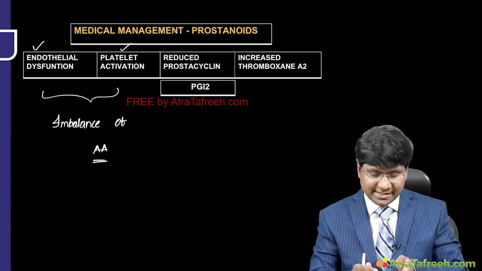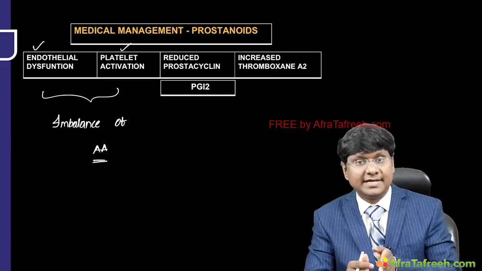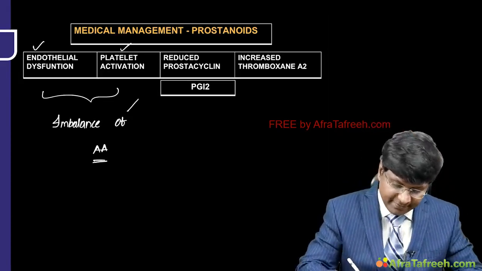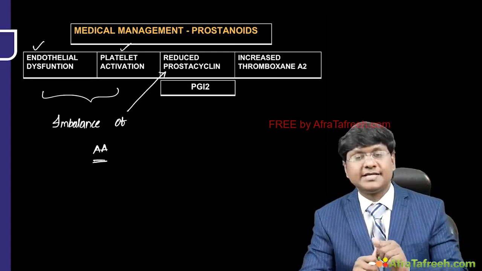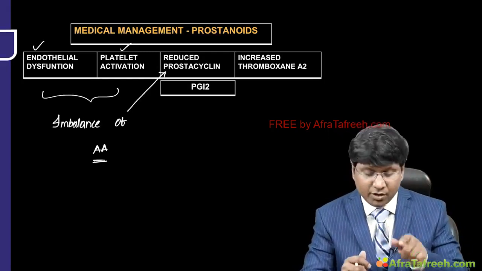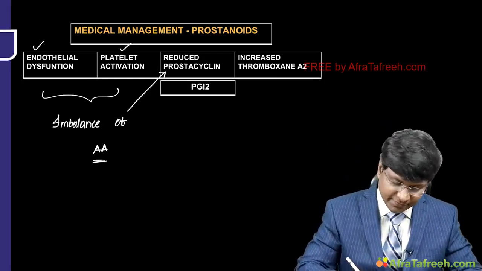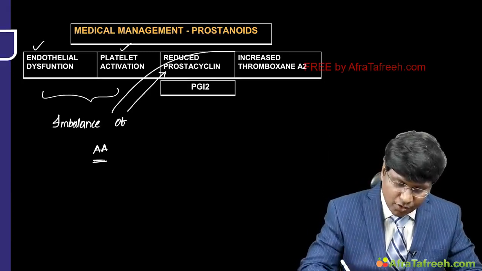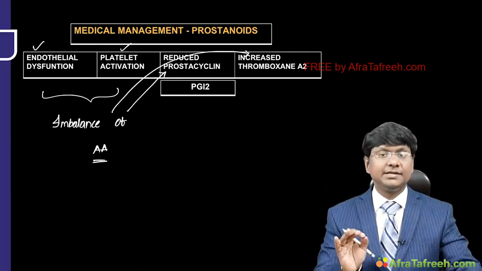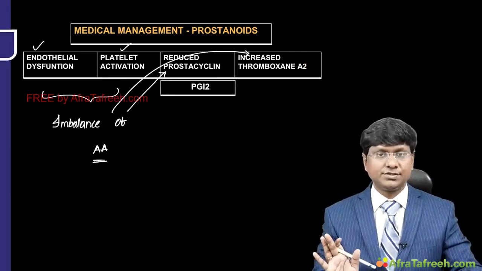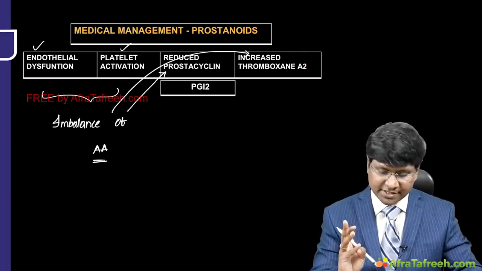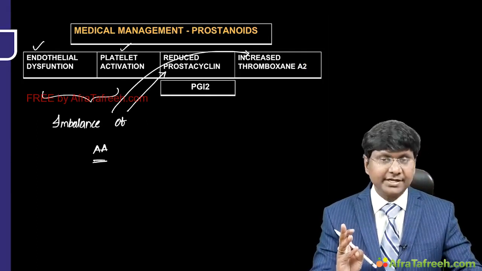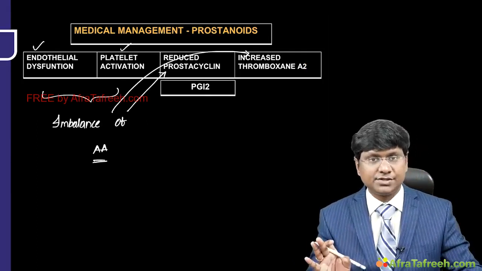And once there is imbalance of the arachidonic acid metabolites, there will be reduced prostacyclin levels. And not only reduced prostacyclin levels, this imbalance in the arachidonic acid will also contribute to increase in the thromboxane A2 levels. Okay, it will reduce the prostacyclin levels and will also increase the thromboxane A2 levels.